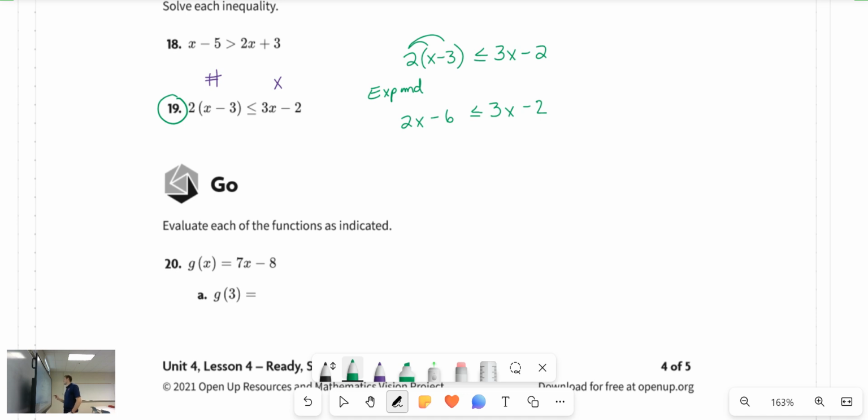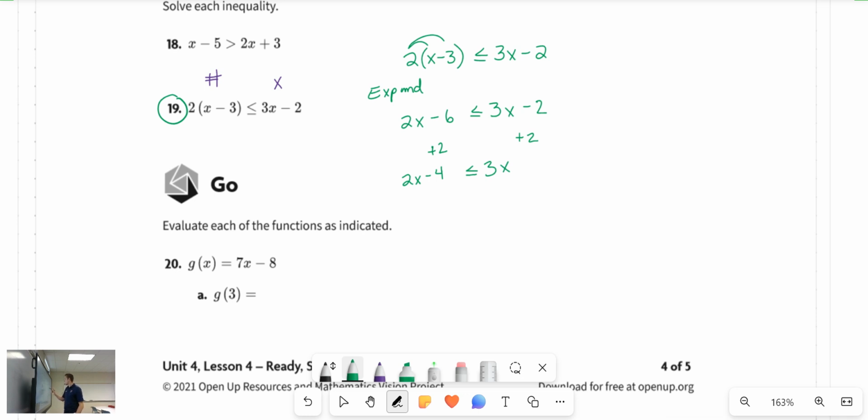All right, now we're going to add 2 to both sides. We get 2x minus 4 now is less than or equal to 3x, because that's all that's left, 3x.